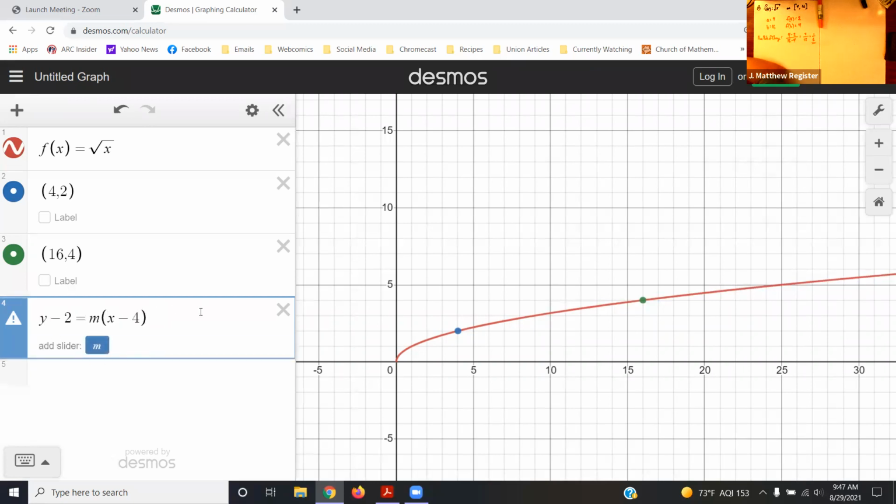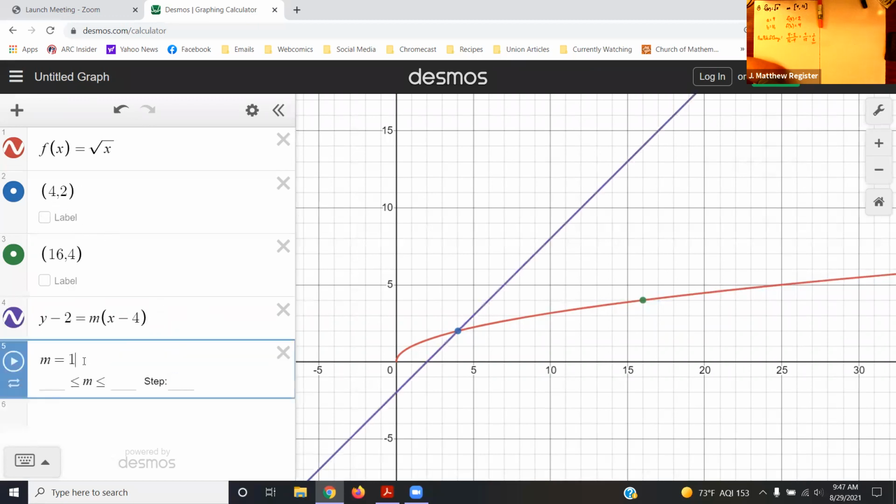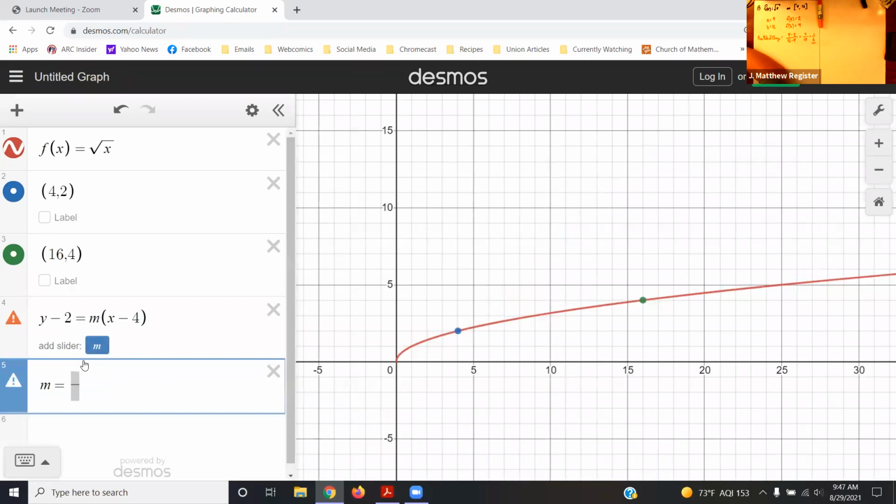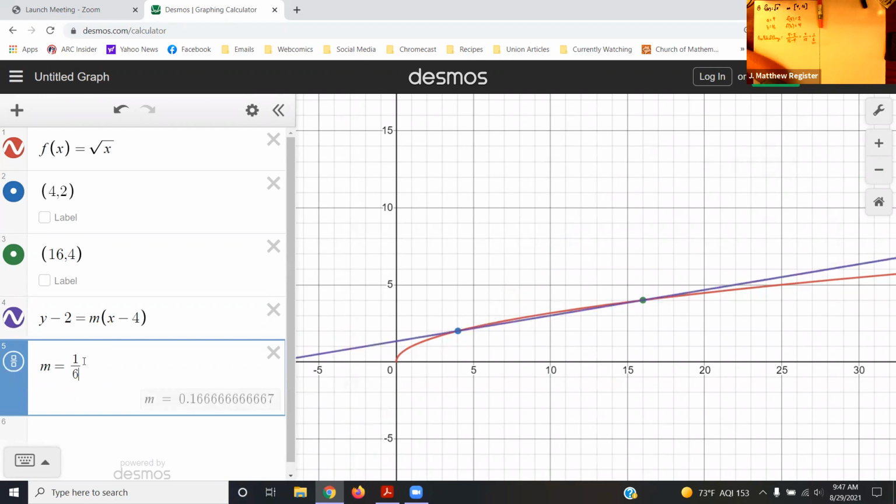This would be point slope form using the 4, 2 point. And then we just got that the slope connecting them is 1/6. Oh, I need to have numlock on. There we go, 1/6.